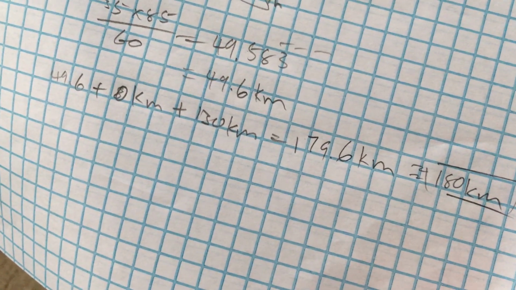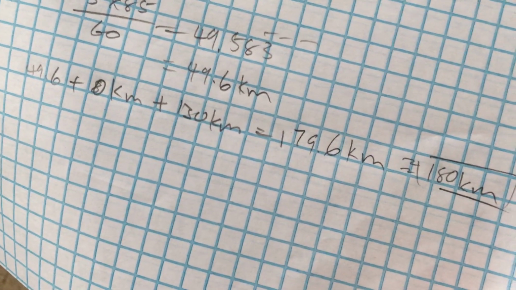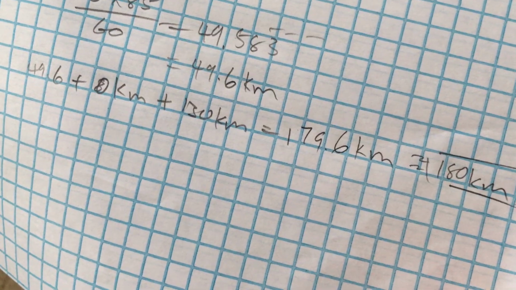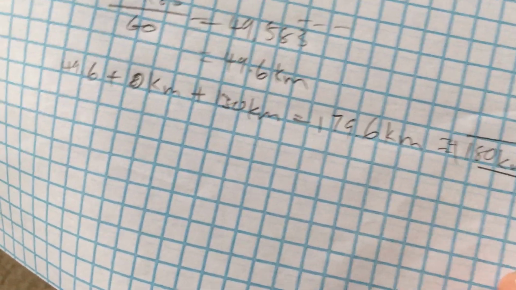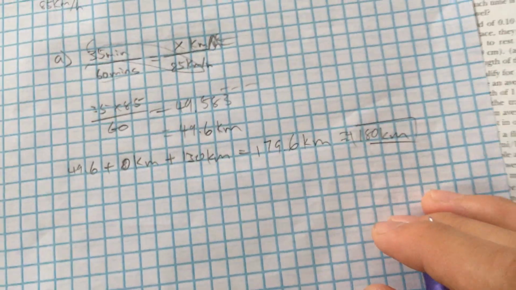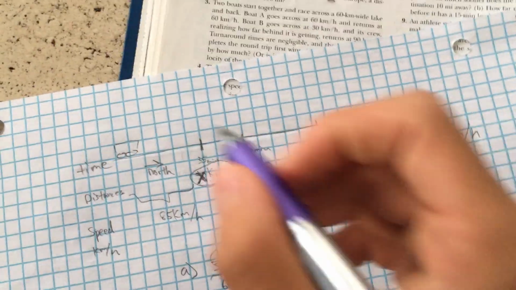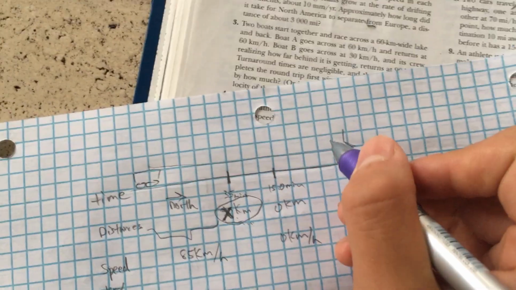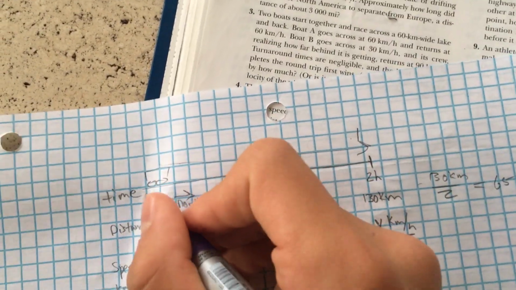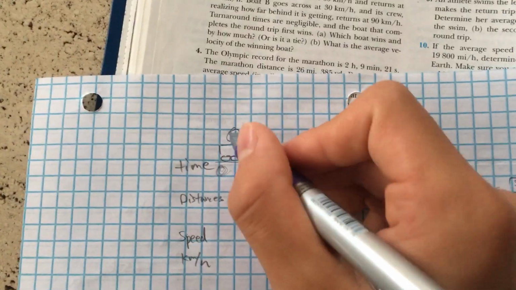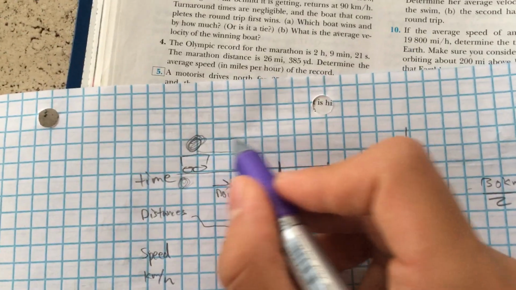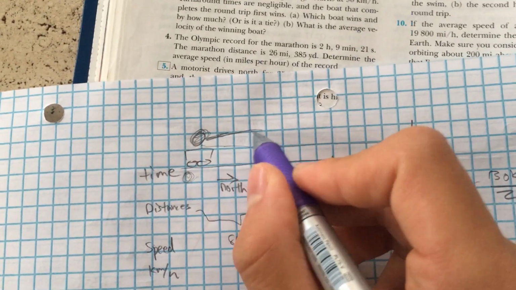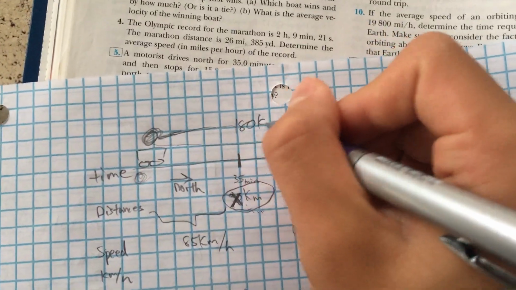That's your displacement for his total time. What's his displacement? His displacement is from where he started, which is here, from start to finish, which is 180 kilometers. That's his displacement.